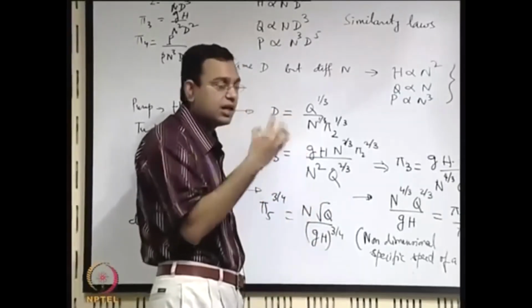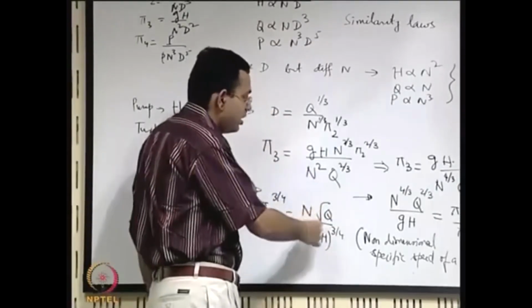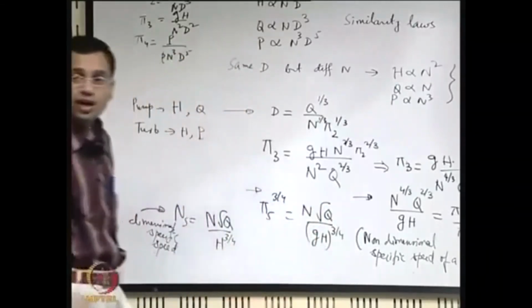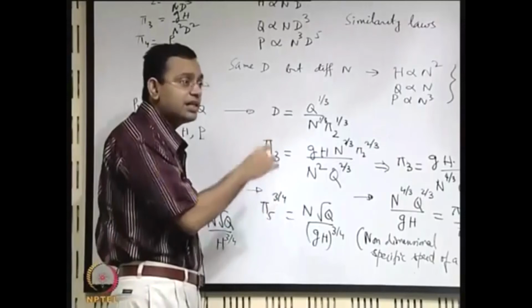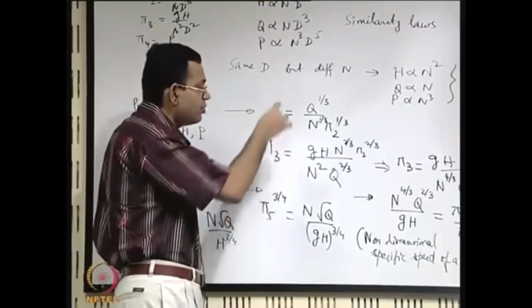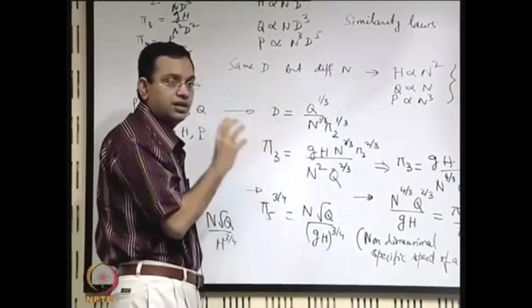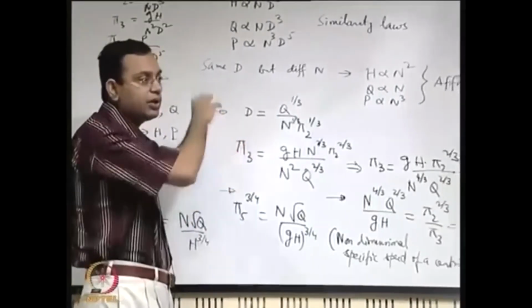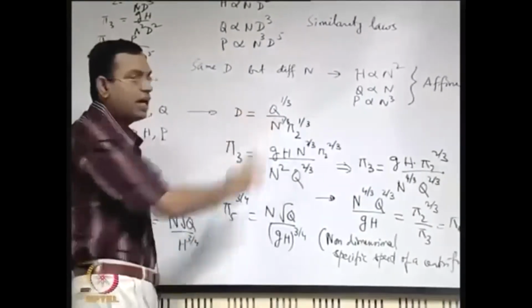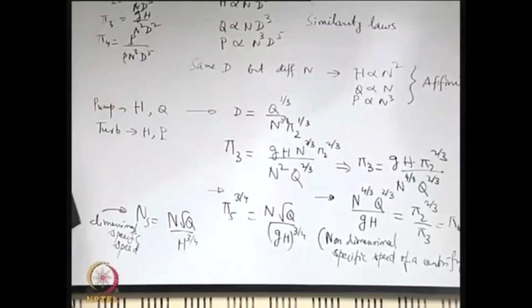You are explicitly writing it in terms of the operating parameters n, q and h. The geometry is not explicit in it, but it is implicit because we are considering only geometrically similar pumps to have kinematic similarity and dynamic similarity, for which you have relevant dimensionless parameters combined one with the other.